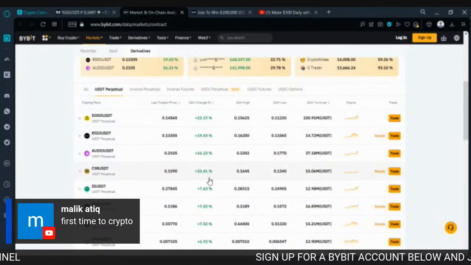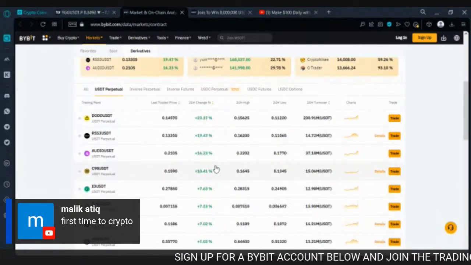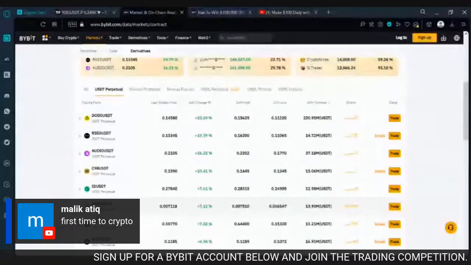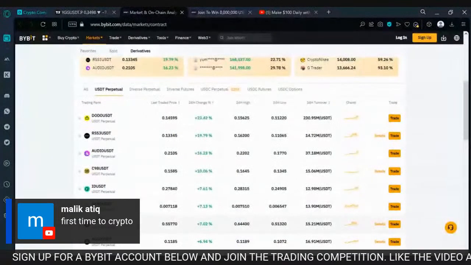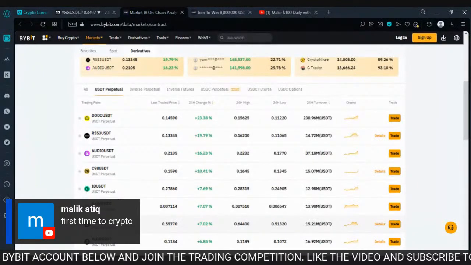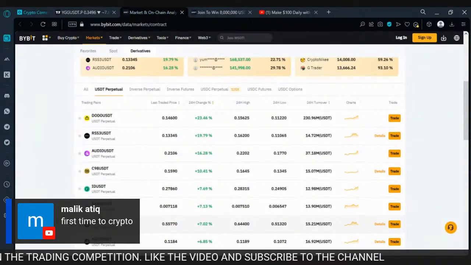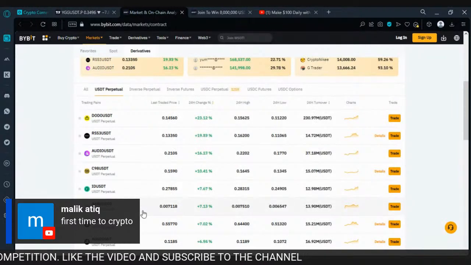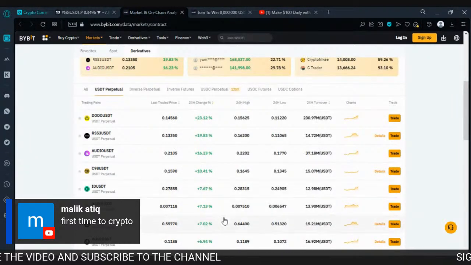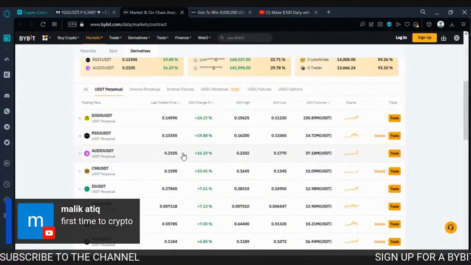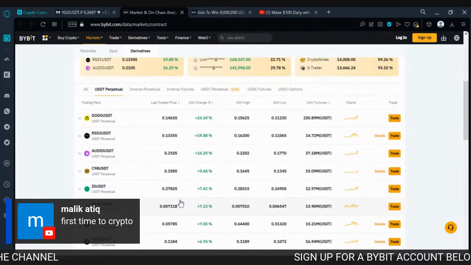I closed my trade for BTC yesterday. We'll see how it plays out. If we break above that 29,500, 29,600 level and go to 30,000, then we can be looking for an entrance around that area. But if you want to long on BTC, you are free to do that right now.